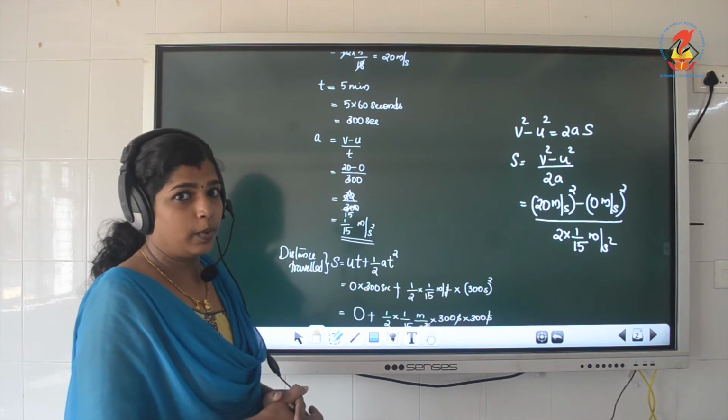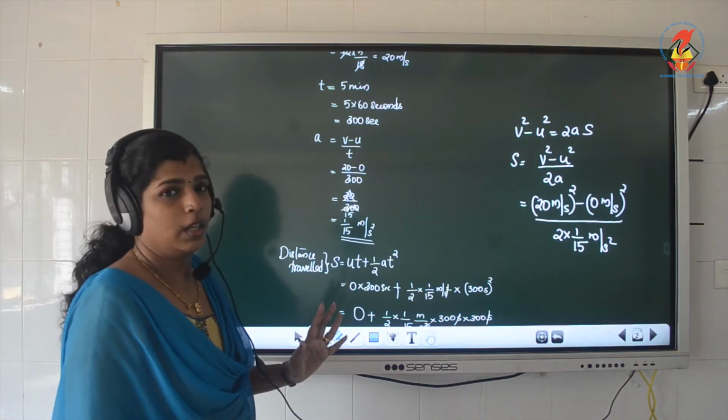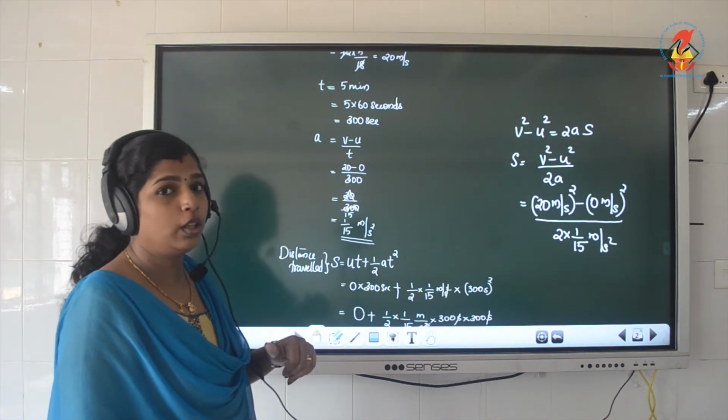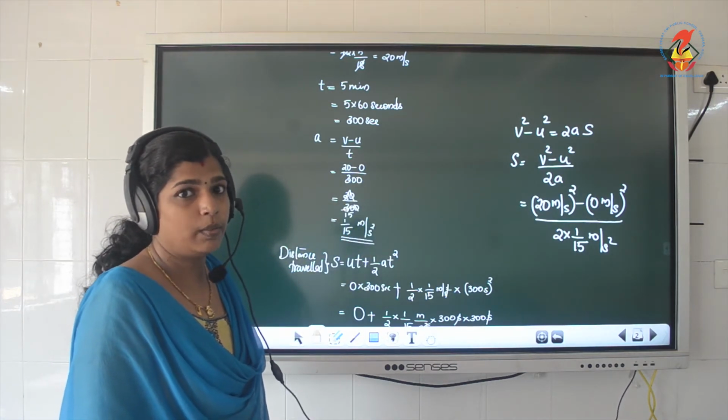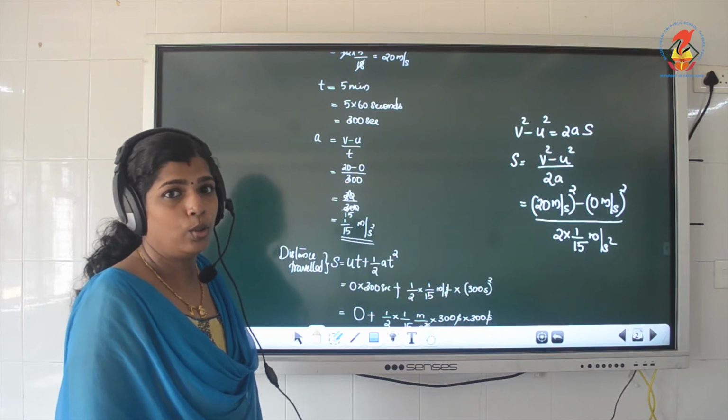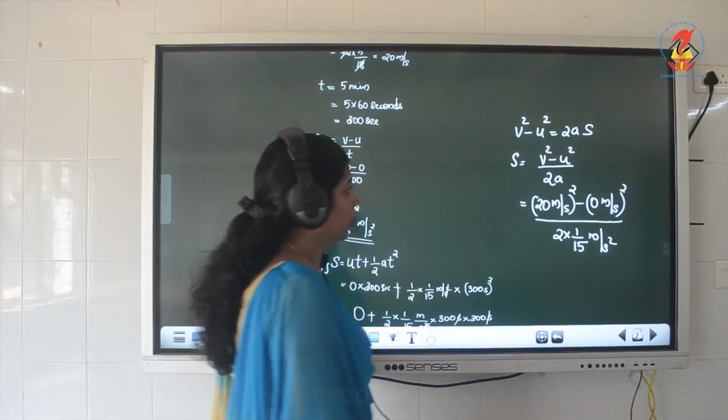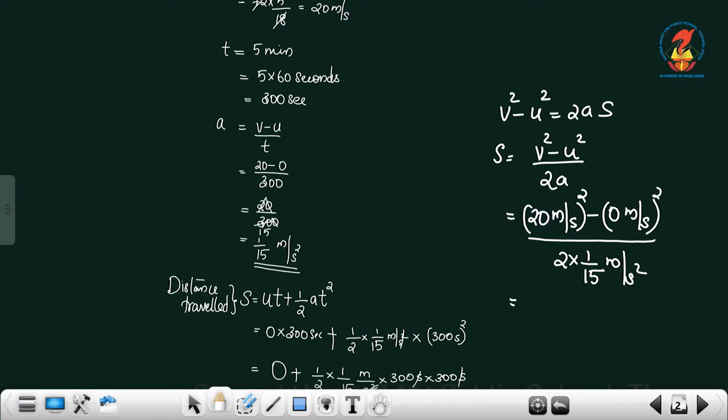If time is given, you can use the first equation. If time is not given in a question, you can use v square minus u square equal to 2as. Now, what is the answer? 20 square, 20 into 20 meter square by second square, divided by 2 by 15 meter per second square.